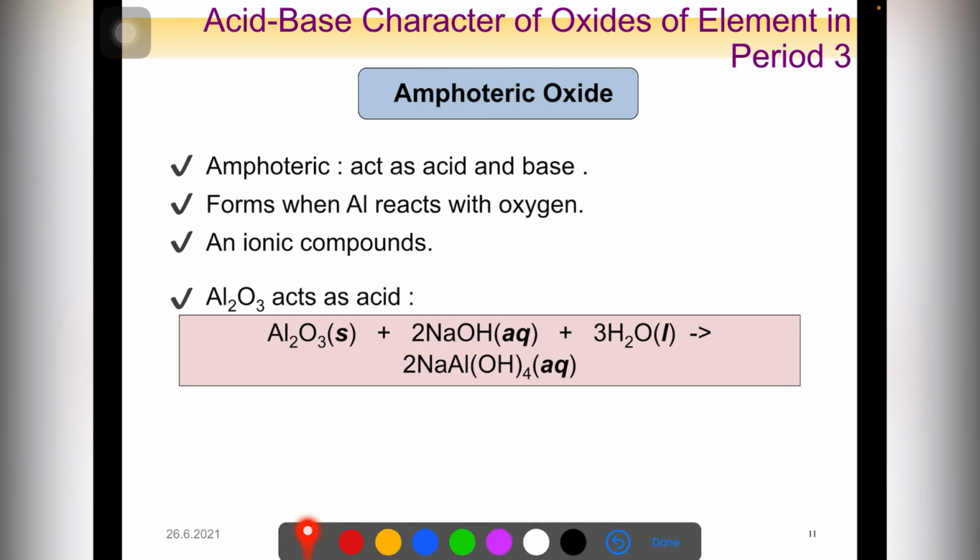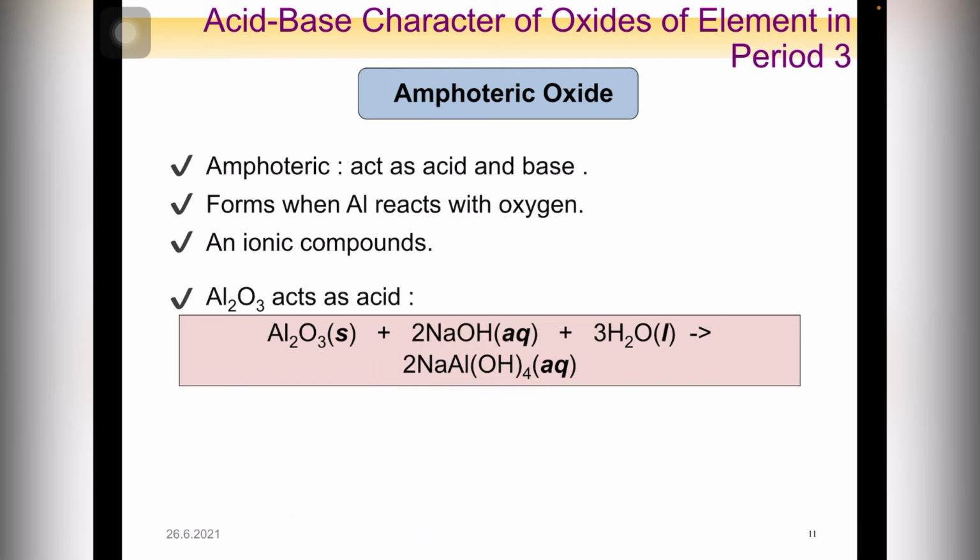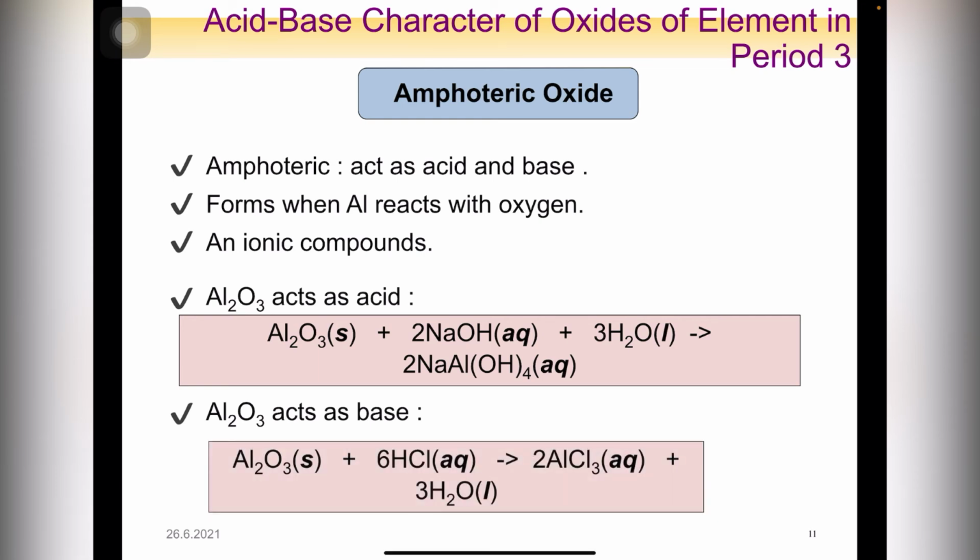Because it is a solid, it must have water, then it will form sodium aluminium hydroxide. So this is the equation that shows it is an acid. And when it acts as a base, this is the equation, where it reacts with HCl, an acid, so it shows that it is a base, and it will form aluminium trichloride and H2O.